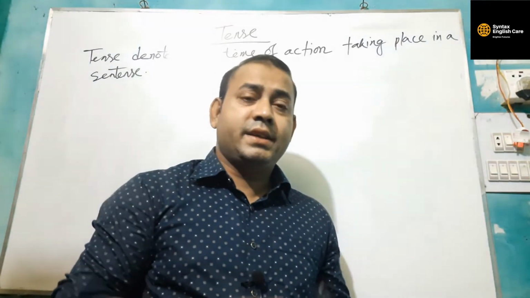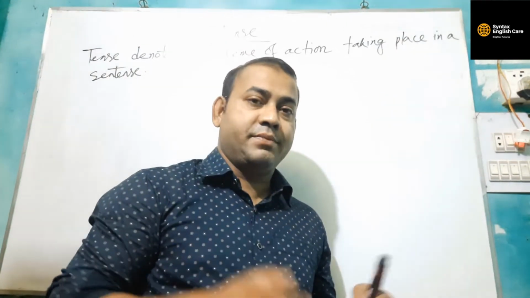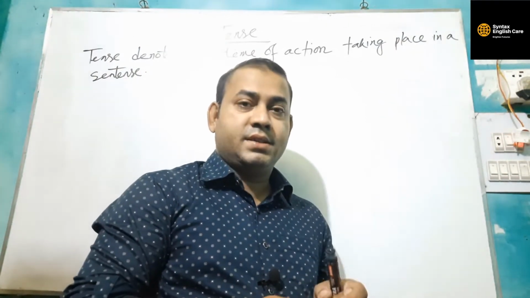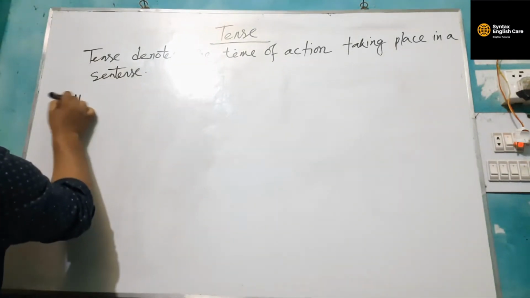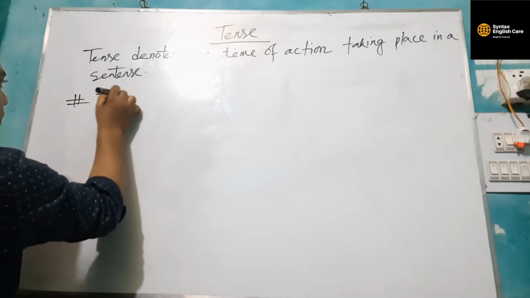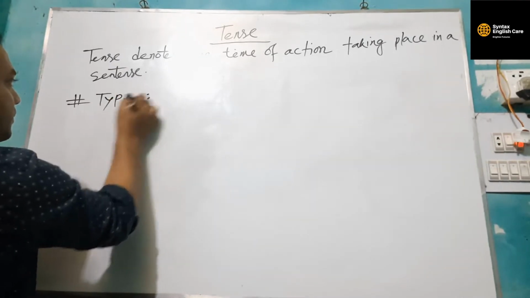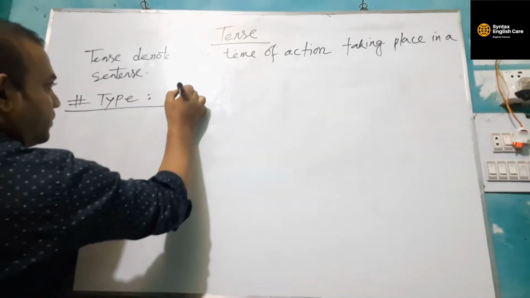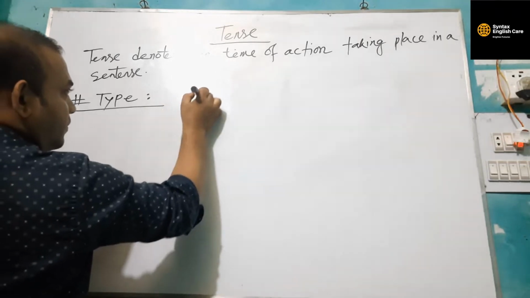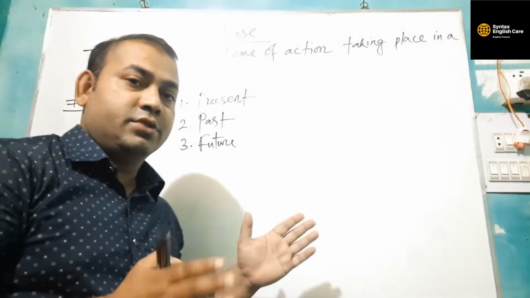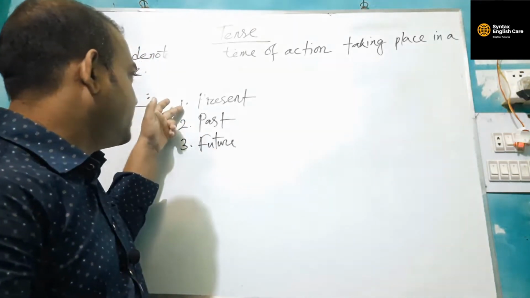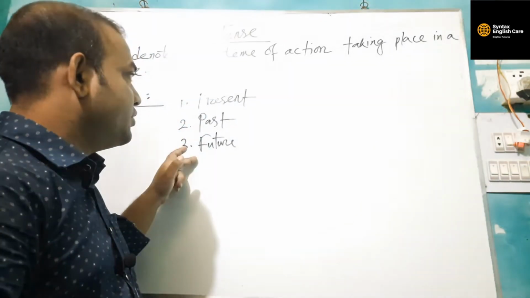Okay, mainly tenses are grouped into three types: present, past, and future.